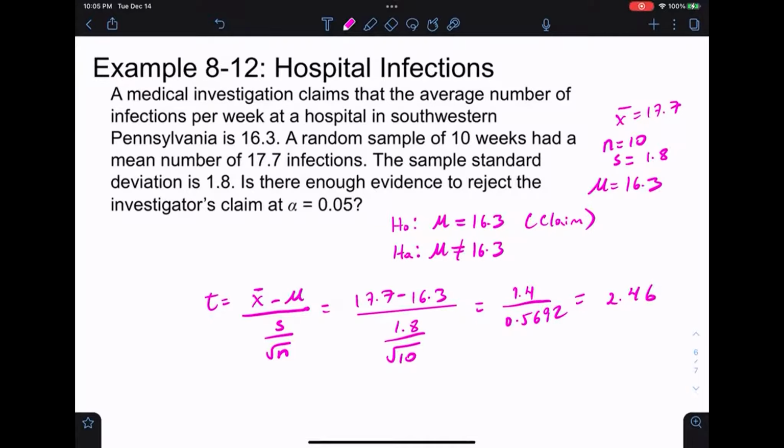Now I need to compare that with the significance level, right? So the significance level is 0.05. And the degrees of freedom should be n minus 1. So in this case, it's 10 minus 1, so that's 9. So this is the value that I need, and this is the other value that I need.